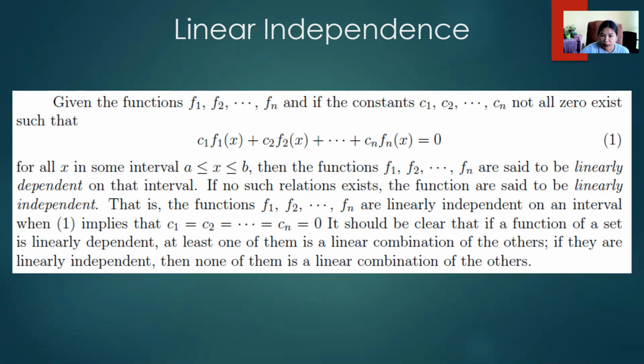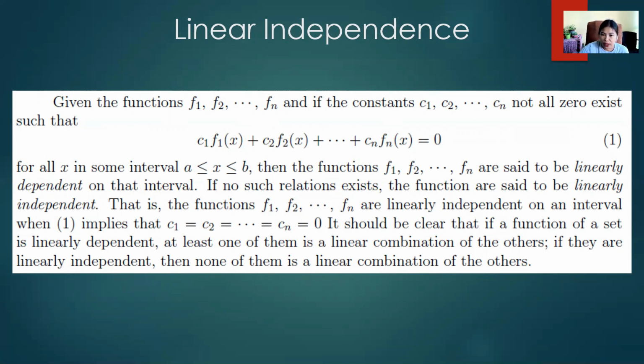for all the values of x in some interval, x greater than or equal to a but less than or equal to b, then the functions f1, f2 up to fn are said to be linearly dependent on that interval. If no such relation exists, the functions are said to be linearly independent.